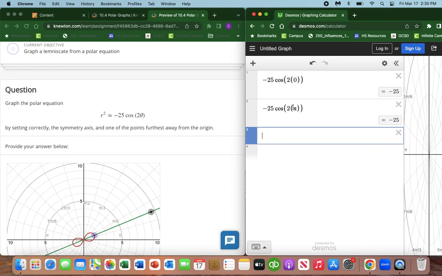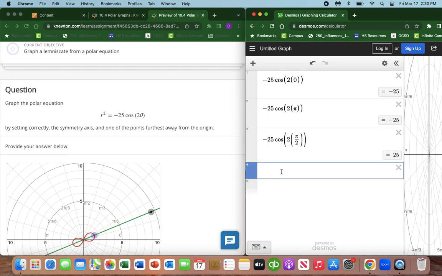So I'm going to plug in pi over 2. Pi over 2. We're going to do negative 25 cosine of 2 times pi over 2. This time I get positive 25. And if I did the same thing for 3 pi over 2, I get the same value, 25.